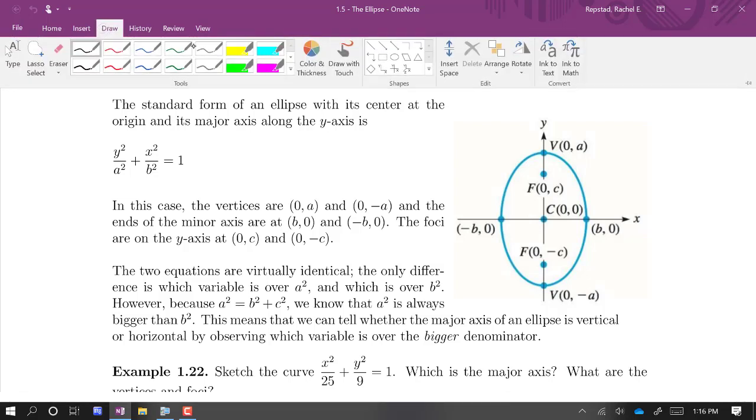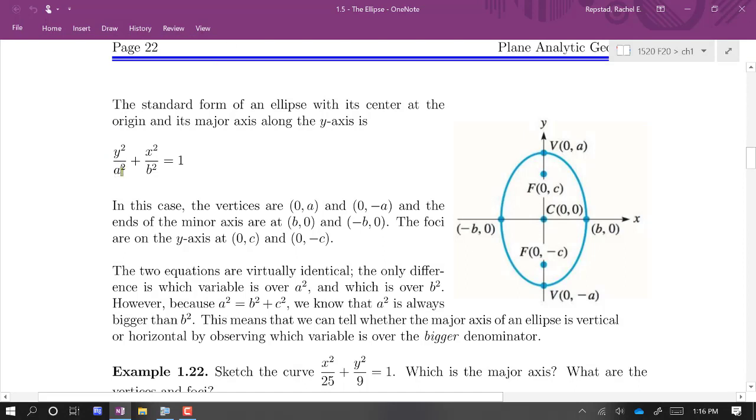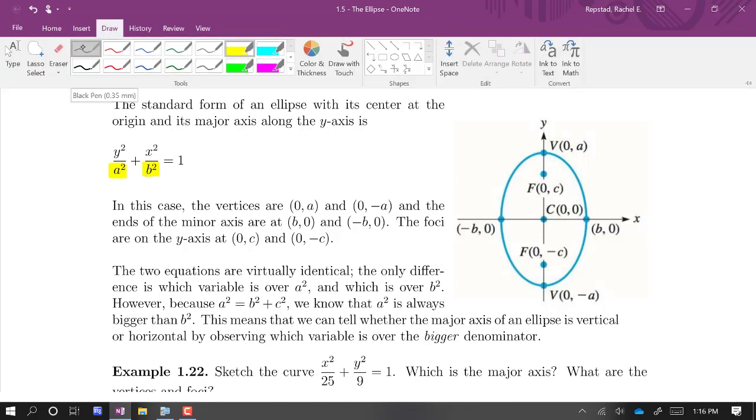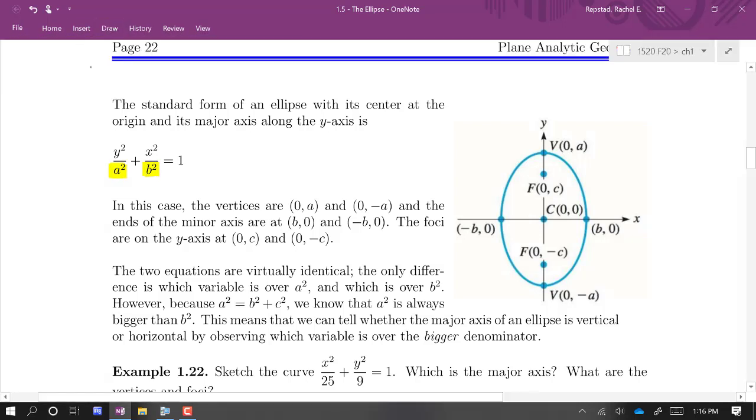The only distinction is the location of a squared and b squared. If the major axis is the y-axis, then a squared appears under the y squared. If the major axis is the x-axis, then a squared appears under the x squared.